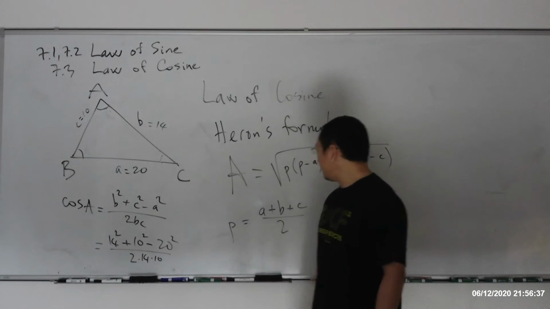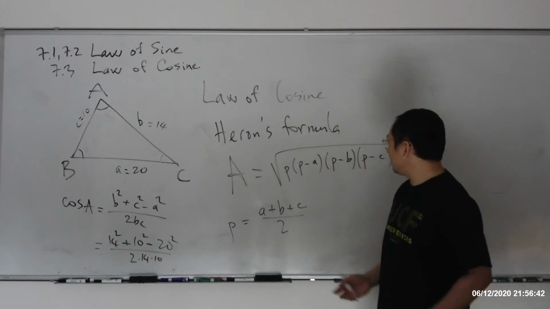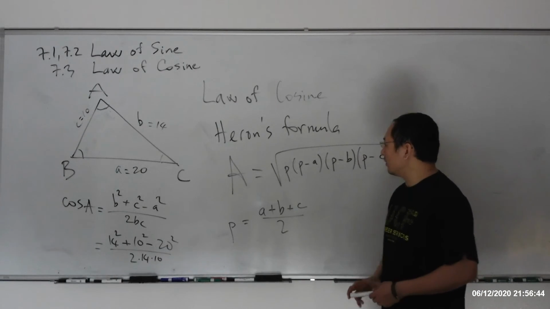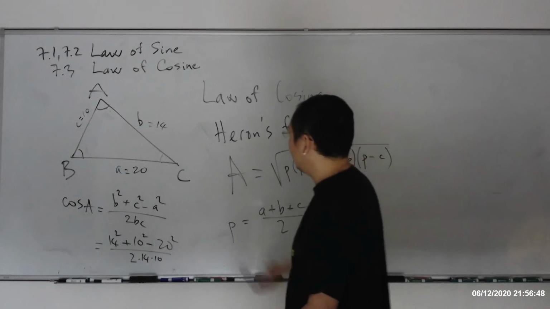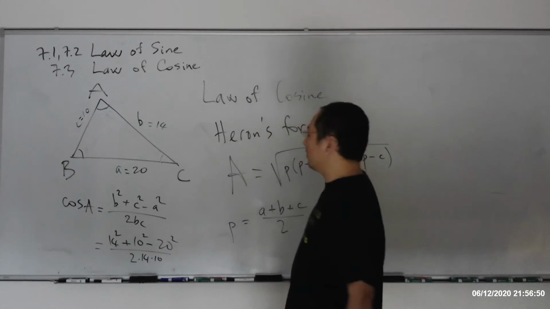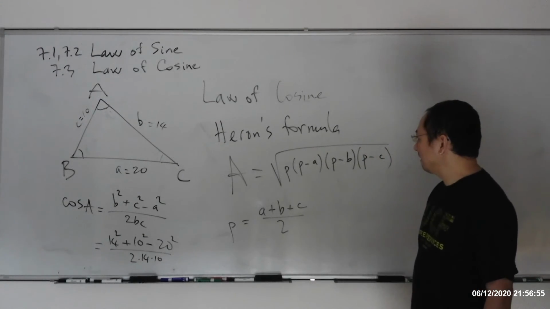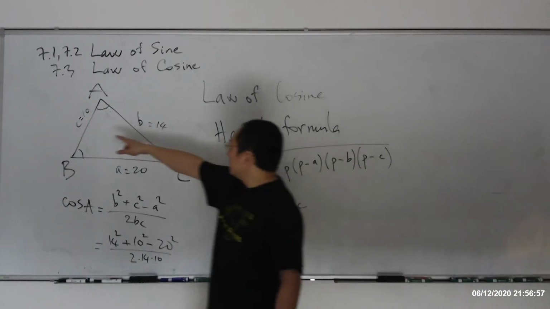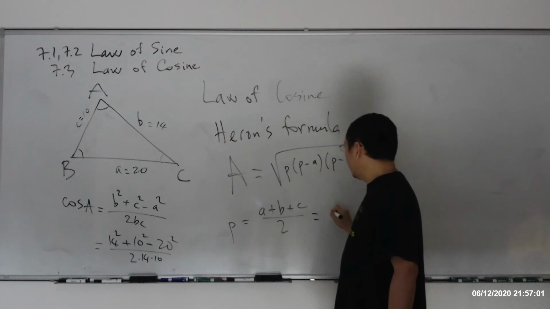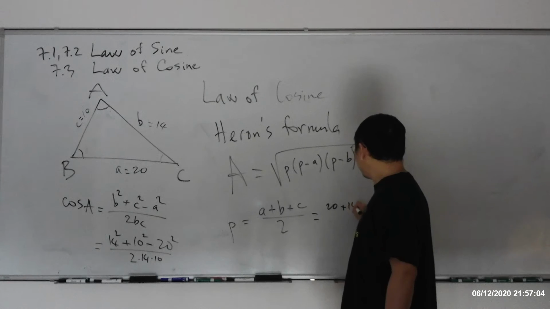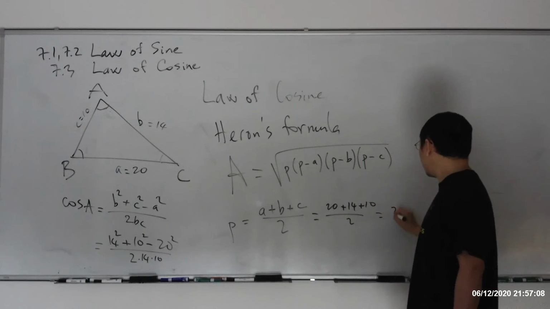I use lowercase p right here. It's the half of the perimeter of a triangle. So A plus B plus C over 2. Heron formula said the area can be calculated if you know three sides of the triangle. And the example right here, just simply plug in the numbers. So if I have C is 10, B is 14, and A is 20, then little p right here is what? 20 plus 14 plus 10 over 2, 44 over 2 is 22.